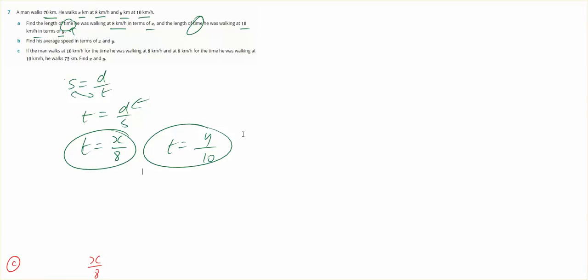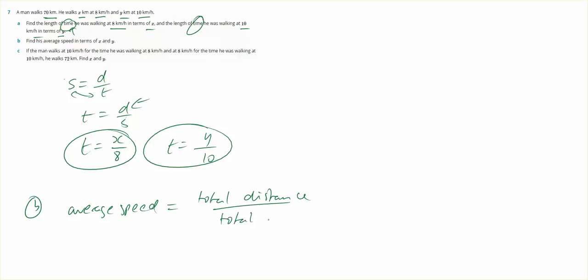So for part B, we're asked to find the average speed in terms of x and y. I know that average speed is the total distance divided by the total time taken.